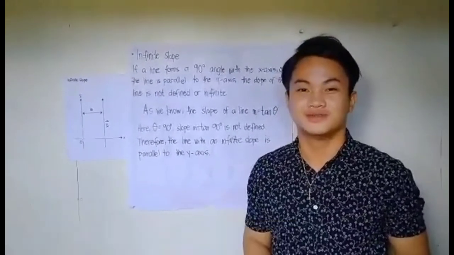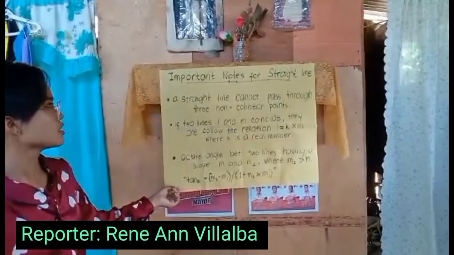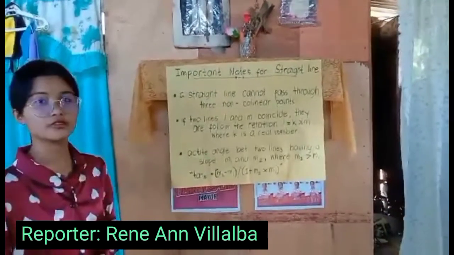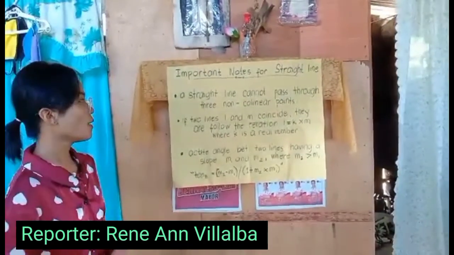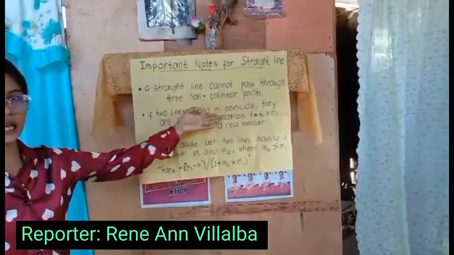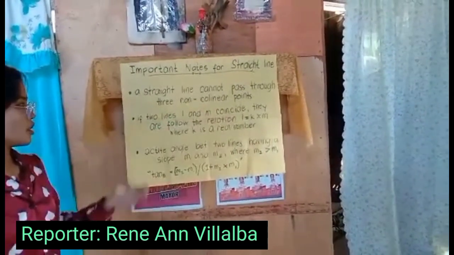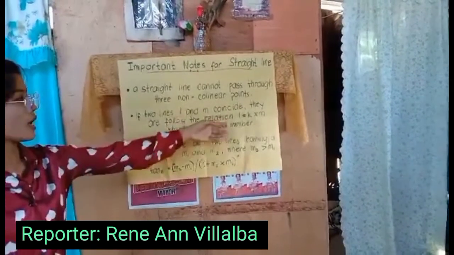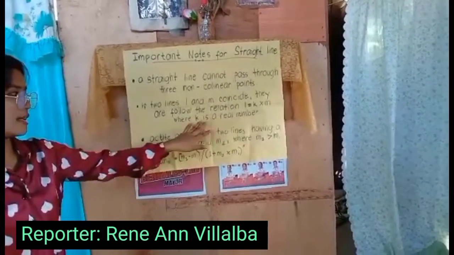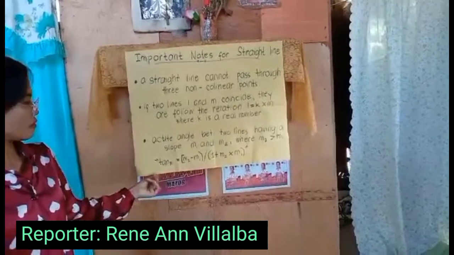The important notes for straight line. First, a straight line cannot pass through three non-collinear points. Second, if two lines L and M coincide, they follow the relation L = kM, where k is a real number.